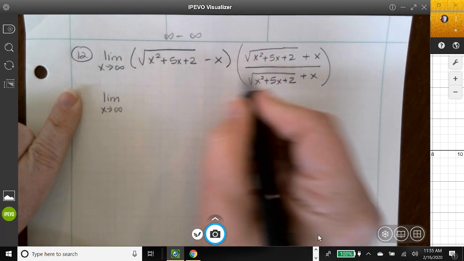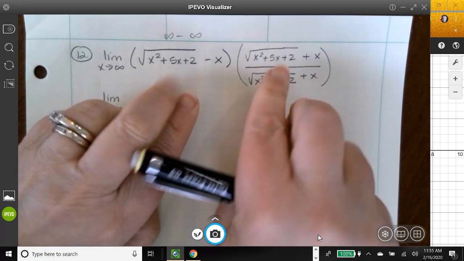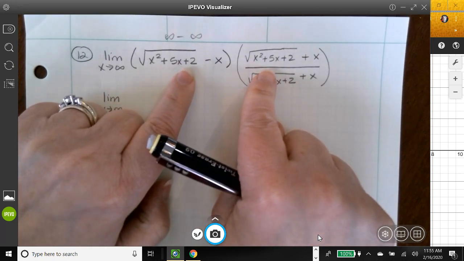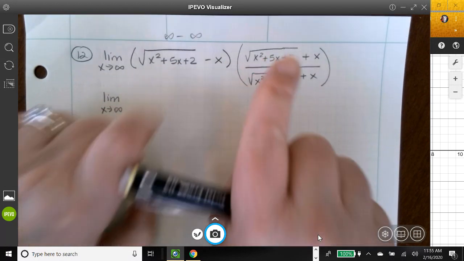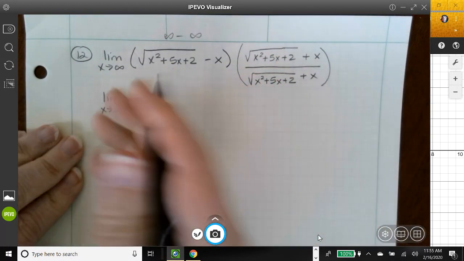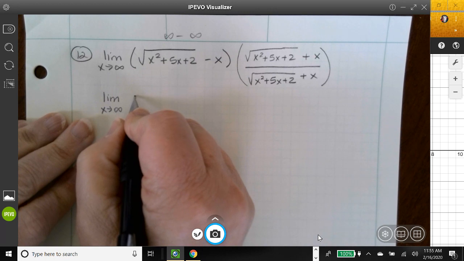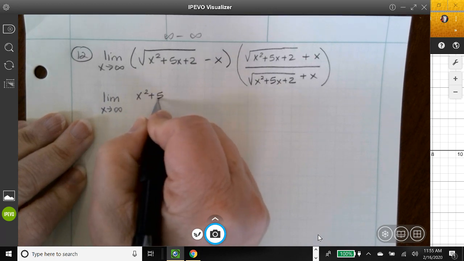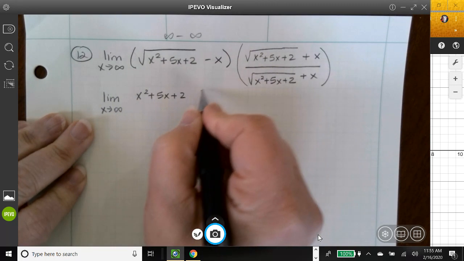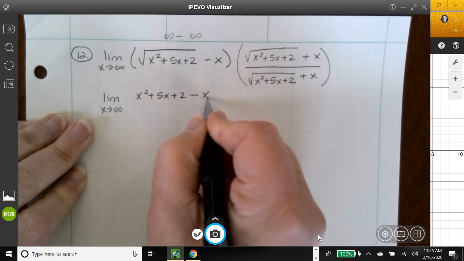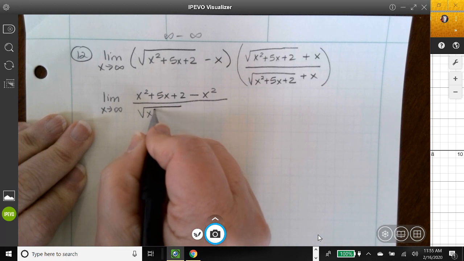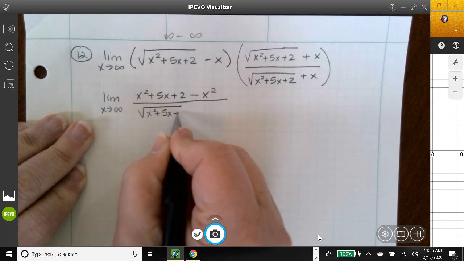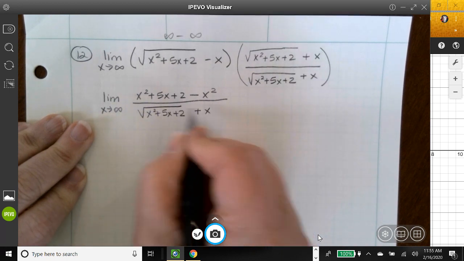What happens when we multiply by the conjugate? Well, up here we get the factors of the difference of squares. So this is a squared minus b squared. So when I square the square root, it just takes the square root off, and we get x squared plus 5x plus 2 minus x times x, which is x squared, all over the square root of x squared plus 5x plus 2 plus x.